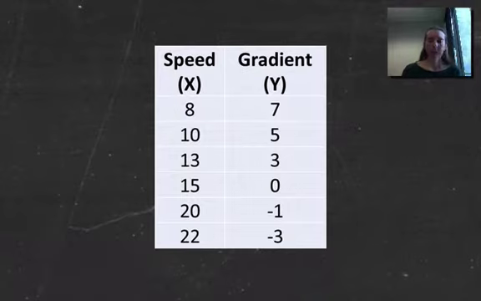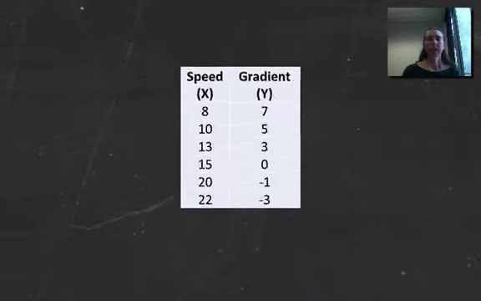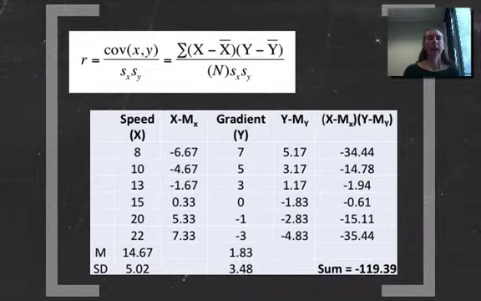So what do I do to actually work through that kind of scary formula that I had? The first thing we want to do is calculate the mean and the standard deviation of each of these variables. Just like we did before, we're describing the mean and standard deviation of speed and the mean and standard deviation of gradient. Then what we're going to do is calculate how much each of those scores, working with the x variable and then the y variable, deviates from its respective mean.